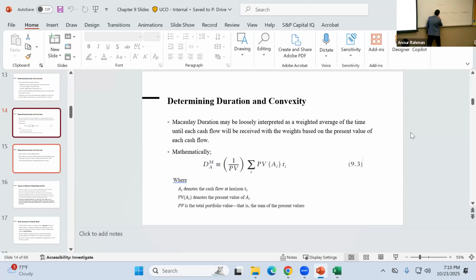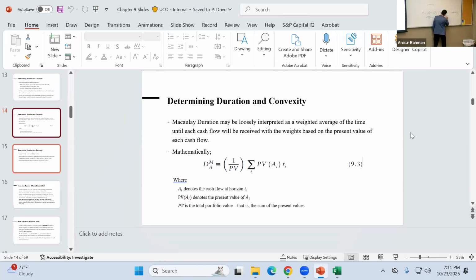So that basically means if you multiply this with the first term, it will be like present value of A1 divided by total present value times T1, present value of A2 divided by present value times T2.